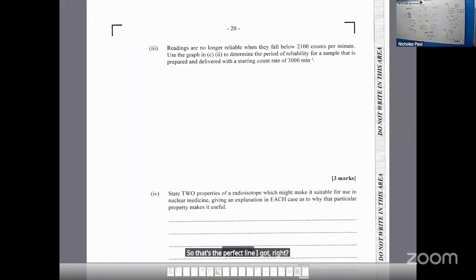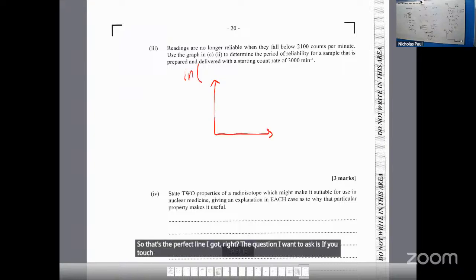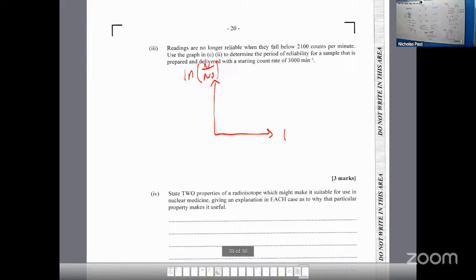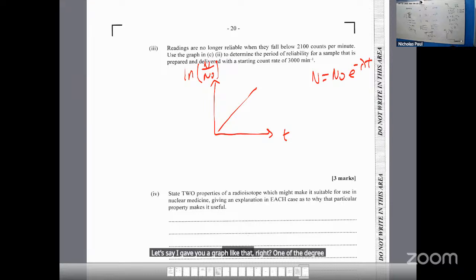The question I want to ask is, if you plot a graph of ln N over N naught versus t and you get a best fit line, what does the gradient represent? Linearize it. Everybody, linearize it.